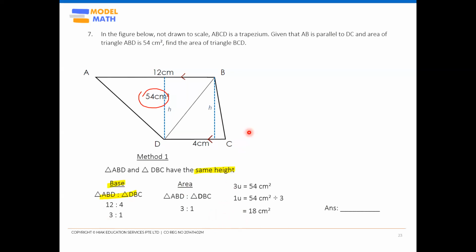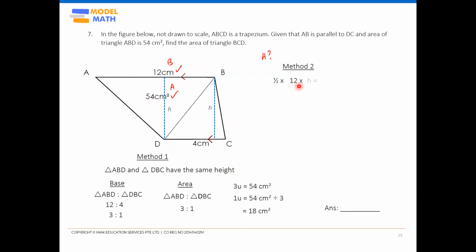Now I have method 2 to show you. Method 2 is not using the ratio, but simply applying your half times base times height formula. That works because for triangle ABD, the area is given and the base is given, so what's left is just the height. We apply the formula: half times base, 12, times height.